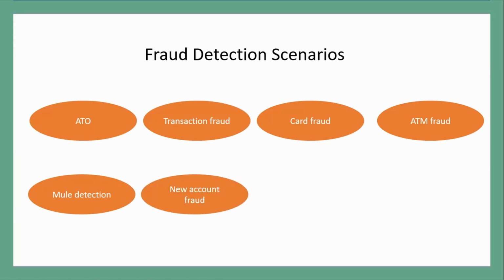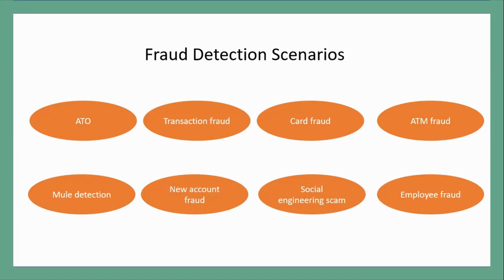New account related fraud: if a new account is being opened and we are able to detect potential fraudulent intention, then again it's a preventive measure. The next is social engineering scam related scenario, where we are trying to detect social engineering scams. And the last category is employee fraud. So in some cases, an employee might be helping the fraudster in committing the fraud.